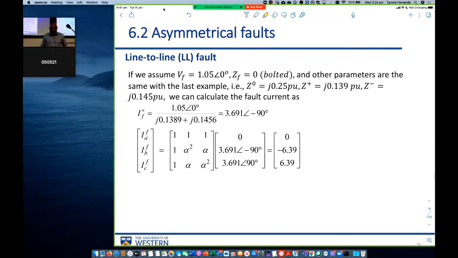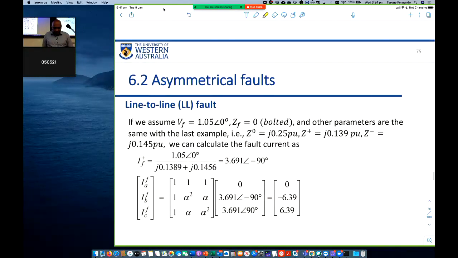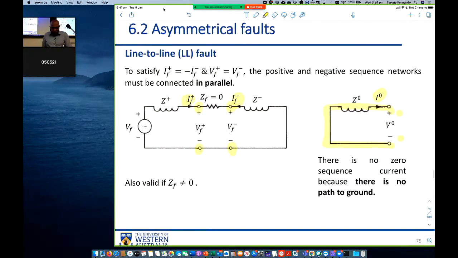All right, so this is a calculation. The calculations are then very simple. If we assume fault voltage is 1.05, ZF is 0, in other words, a bolted fault, and other parameters are the same as in the last example, so those are the sequence impedances, then we can calculate IF plus. So you know the impedance values here, you know the voltage source, you can calculate IF plus, right? It's a very simple circuit.